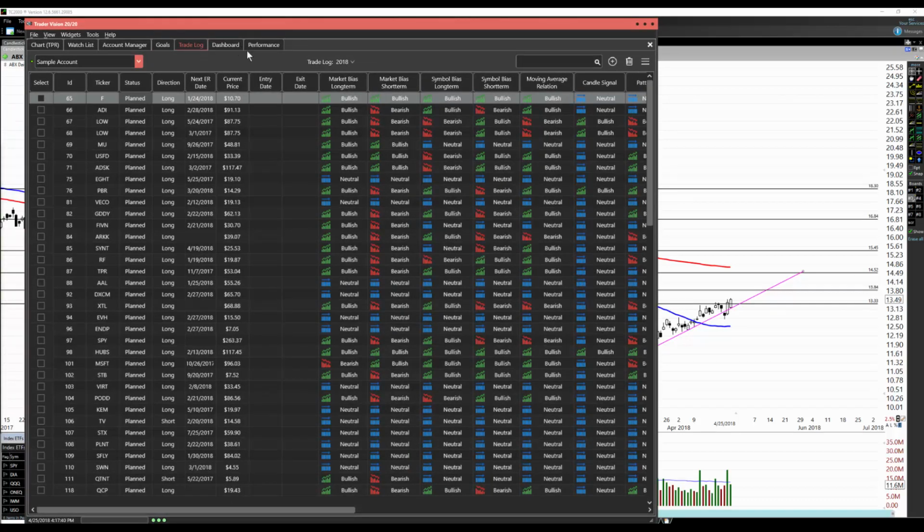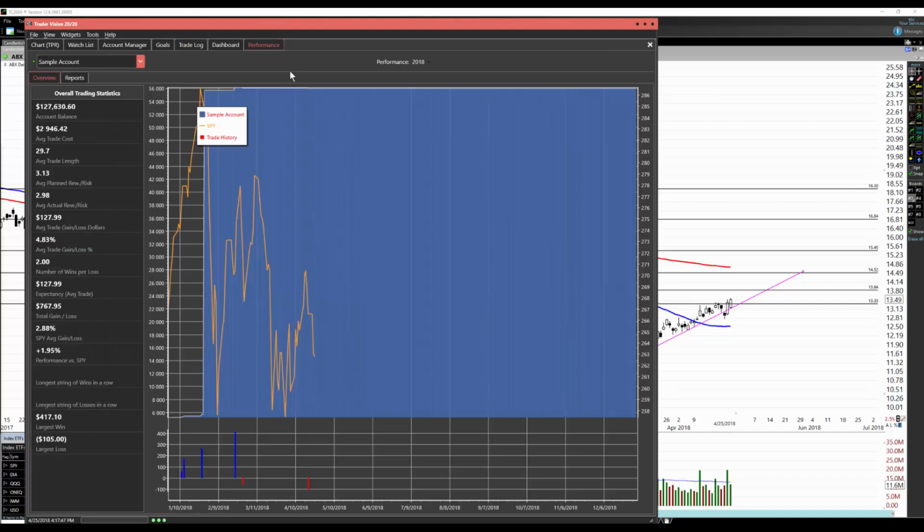Before I do that, let me just cover a few things. Right now we are working on the performance widget. We're making a few changes. You will notice some things, they're not quite finished. They're close, but not quite. But we now tell you what your largest loss was, what your largest win was, and we're working on putting together a list of your longest string of wins, longest string of losses, and the current streak.